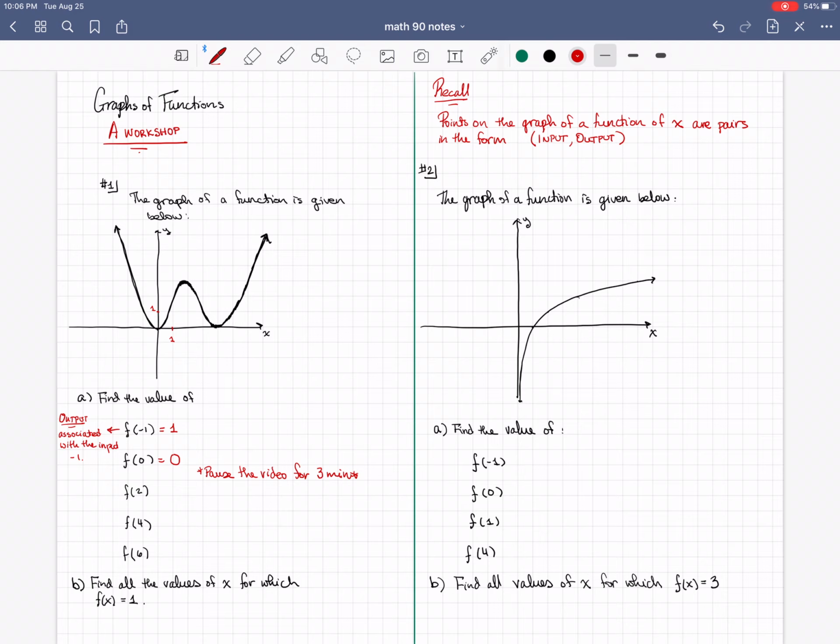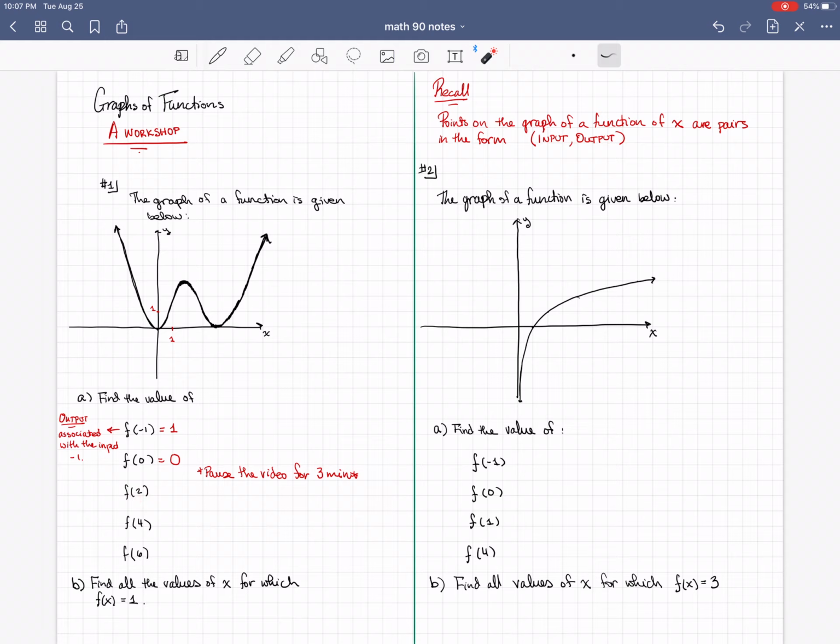Okay, welcome back from trying these problems, and let's see how you did. So f of 2, same thing, right? f of 2 is the output that's associated with the input 2. So I'm telling you what the input is, and I want you to find the output.